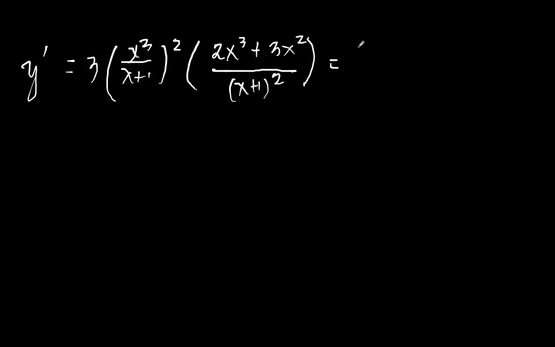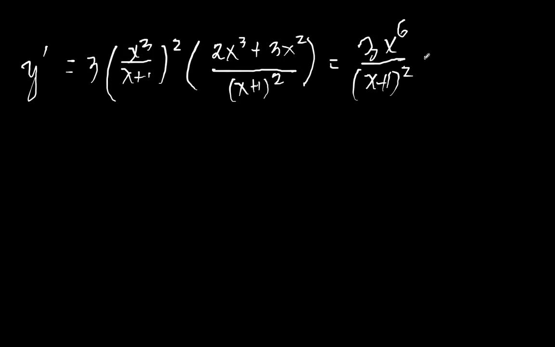Okay, so this becomes 3. Sorry, my pen is not moving again. Wait a minute, guys. Okay, here we go. So 3x raised to 6 over x plus 1 squared. I'm just simplifying the first two factors here.